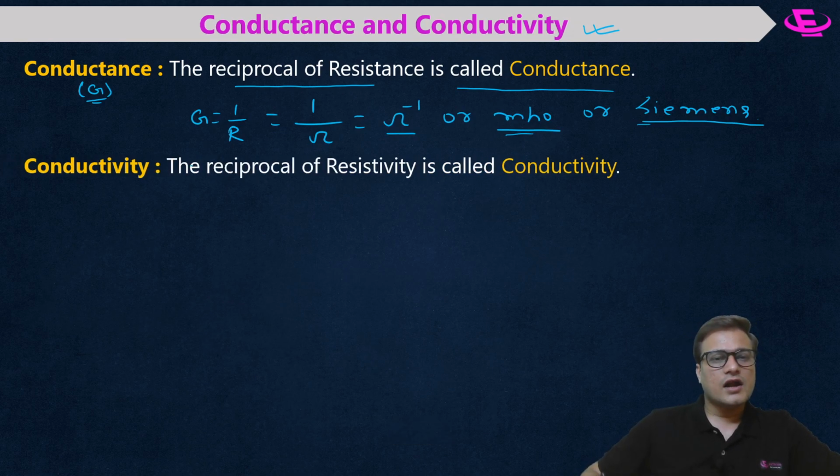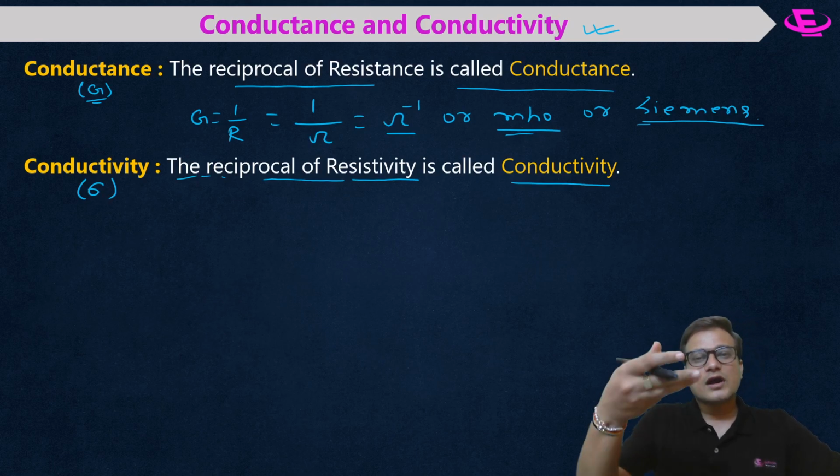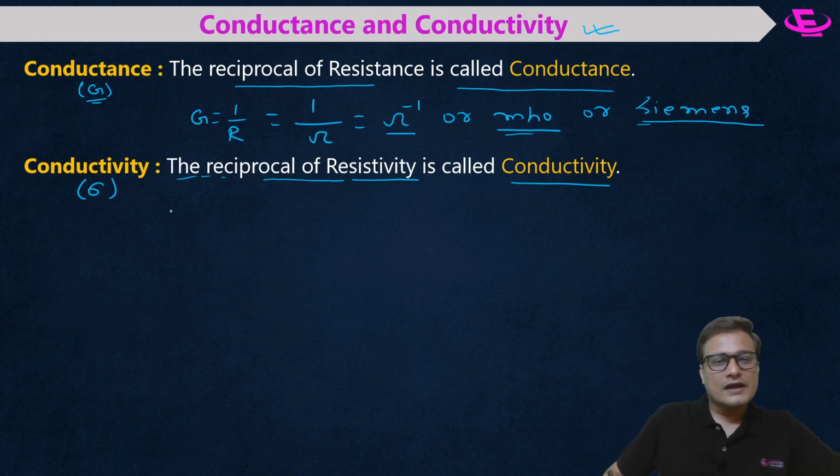Next, conductivity. The reciprocal of resistivity is called conductivity. That means if a material has more conductivity, it is a good conductor of electricity. So sigma, conductivity, will be equal to 1 upon rho.